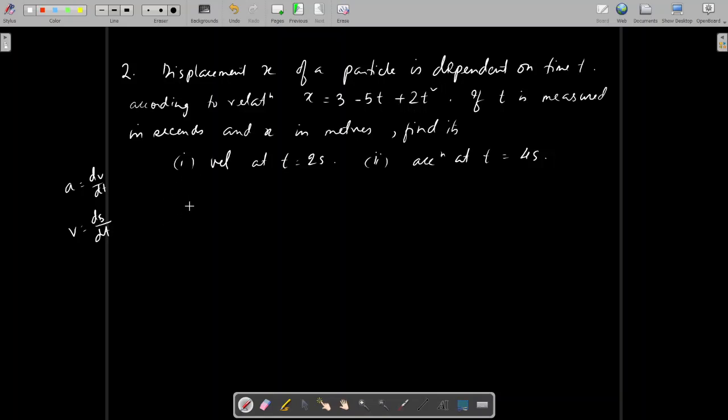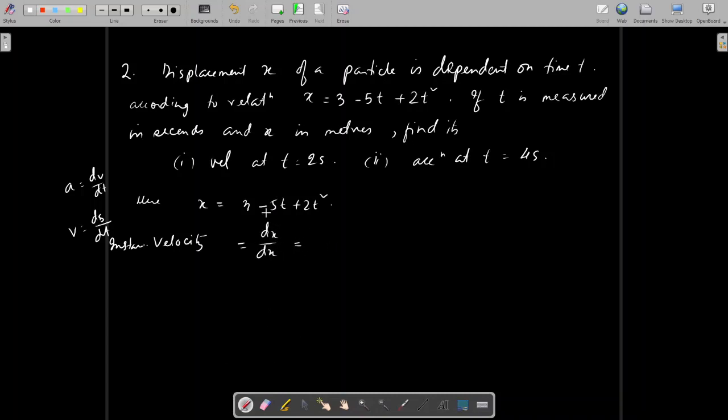Now first let us find the velocity. So here displacement is given, x equals 3 minus 5t plus 2t square. So instantaneous velocity is equal to ds by dt. Here s is given in terms of x, so I'll write here x, that is dx by dt.